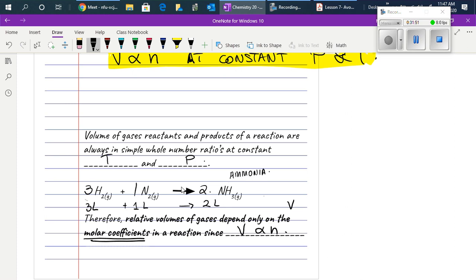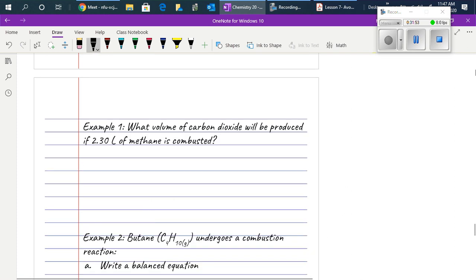Okay. So now let's take a look at this example here. What volume of carbon dioxide will be produced if 2.3 liters of methane is combusted?